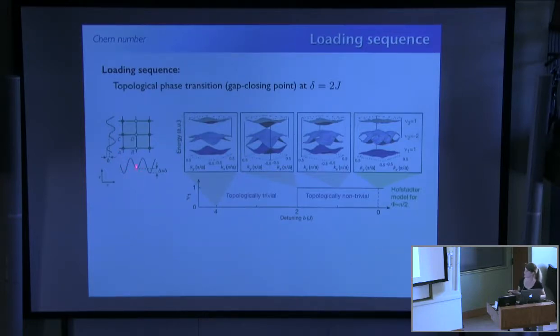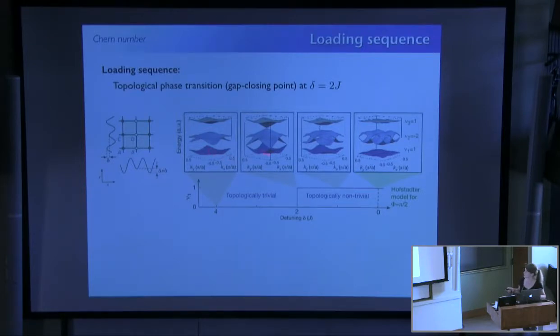So now we have an energy offset along the x direction and the y direction, which leaves us with 4 non-equivalent sites in a unit cell, and therefore the lowest tight binding band of the original lattice is split into 4 subbands. And then if we load the Bose-Einstein condensate into this lattice, we can prepare it at a certain momentum state, in the minimum of the band.